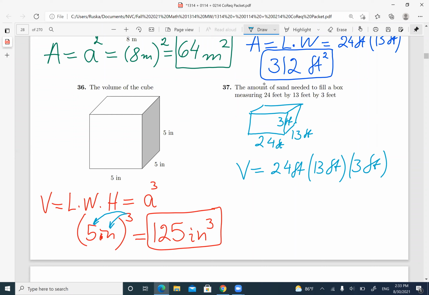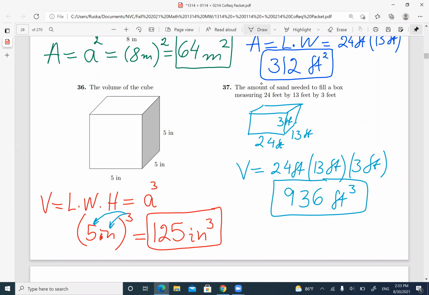So I have the answer here. What you say is it's 936. Thank you, Zane. Okay, 936, is that correct? Cubic feet.